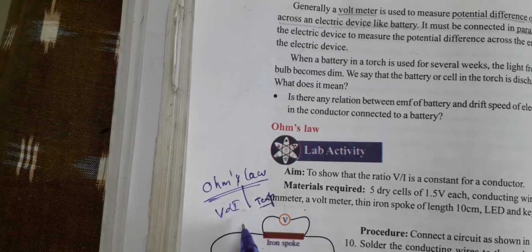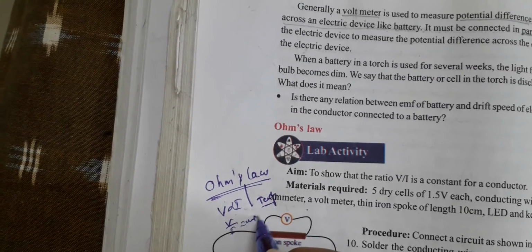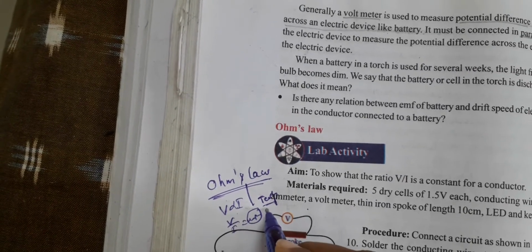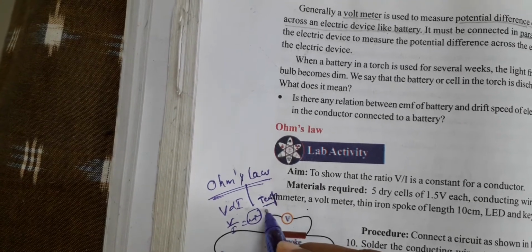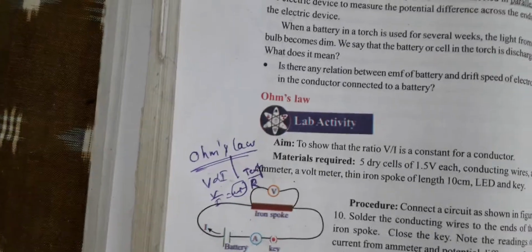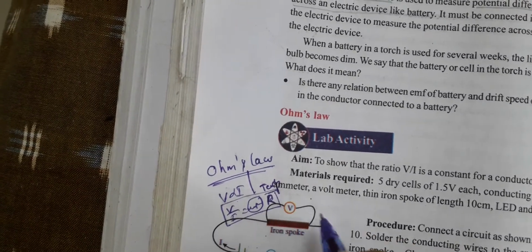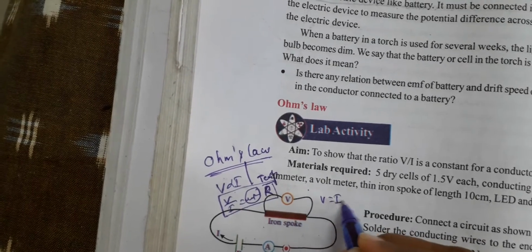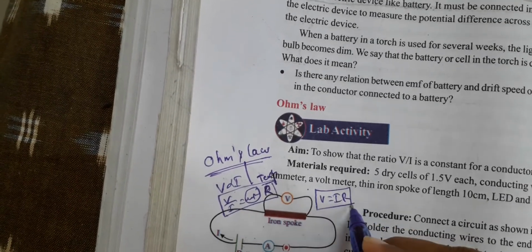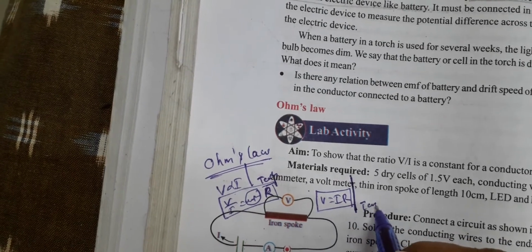Now V by I is equal to constant, and this constant we call R, the resistance. So V by I is equal to R, which implies V is equal to IR. So this is the relationship.